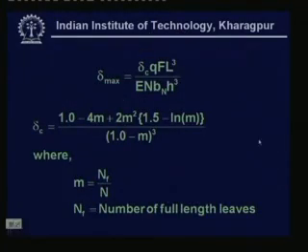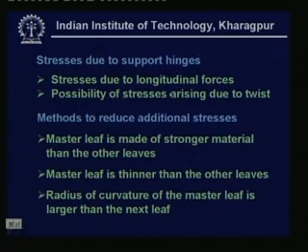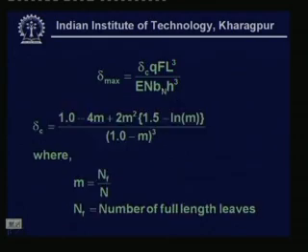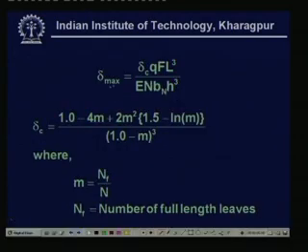Since the expression of delta max is this, you know the q value, it will be 6 or 3 depending upon whether it is a cantilever beam or a simple beam.